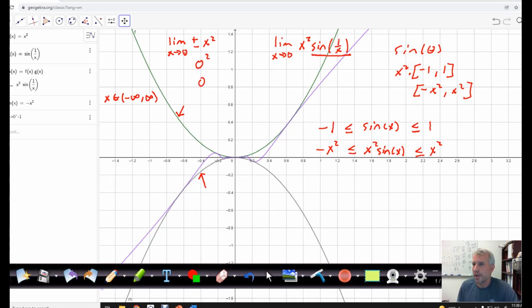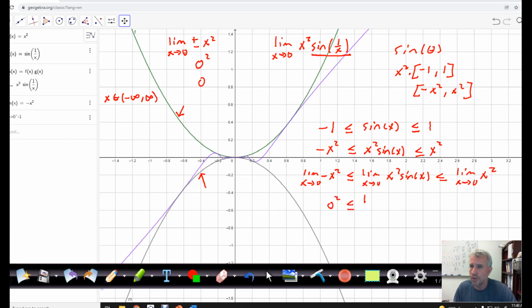So over here, I want to recognize I have a 3-part inequality. I'm going to take the limit of each of the 3 parts. So we take the limit as x goes to 0 of -x squared, which is less than or equal to the limit as x goes to 0 of x squared sine x, which is less than or equal to the limit as x goes to 0 of x squared. Again, just doing the same thing to each of the 3 parts of the inequality. Negative x squared is defined for all x, so we just plug 0 in, and we get 0 squared.